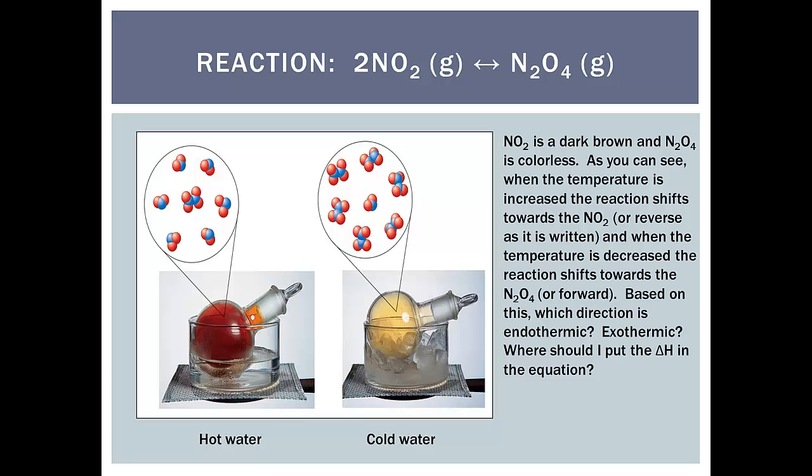Trying to figure this out, you can use your observation skills here and the fact that you know NO2 is dark brown and N2O4 is colorless. When you are increasing the temperature, there is much more NO2 present. And when you are decreasing the temperature, there's a lot more N2O4 present. So based on this, which direction is endo, which direction is exo, and where should I put the delta H in the equation?